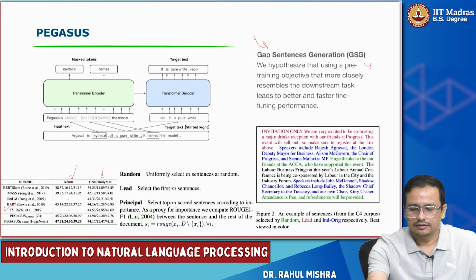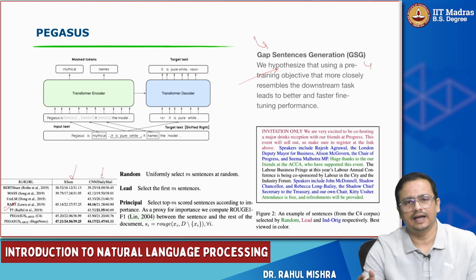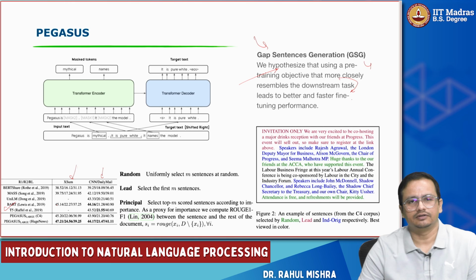They also hypothesized that a pre-training objective like gap sentences, where you remove some of the sentences altogether, is very similar to summarization and aids summarization tasks super well, right? So the model is able to figure out the context over a longer term, and that's how the model learned the capability to know the nuances and intricacies of the presented document, right?